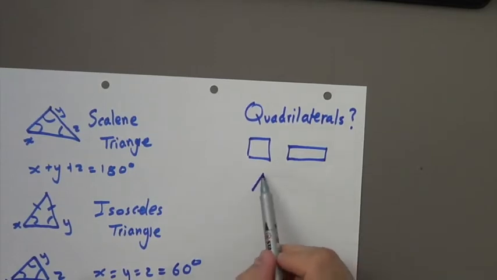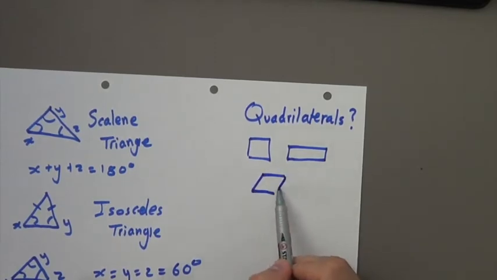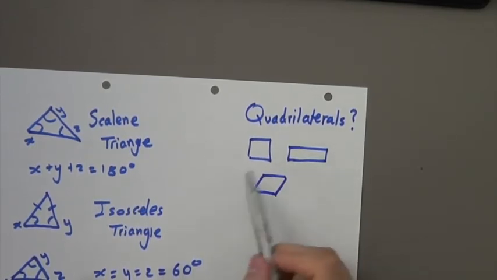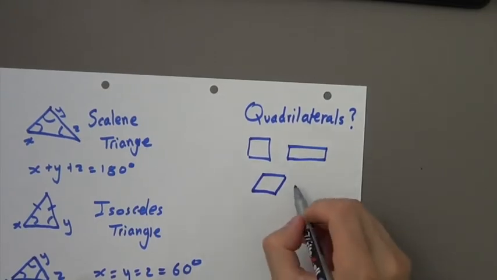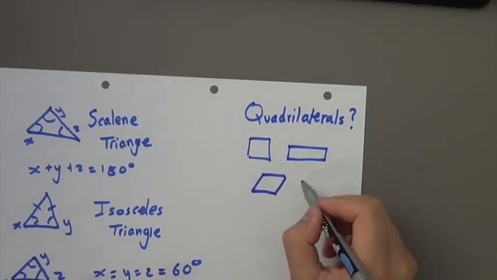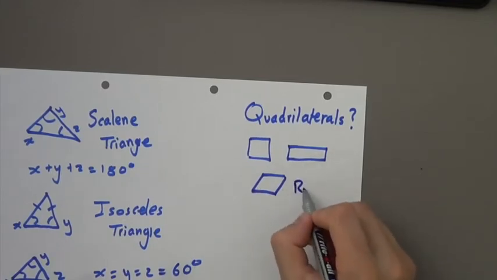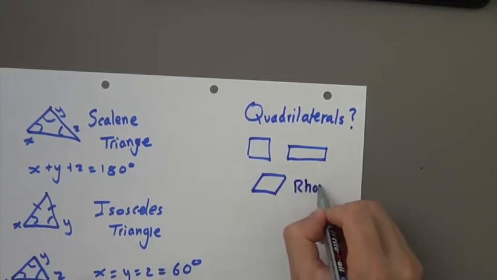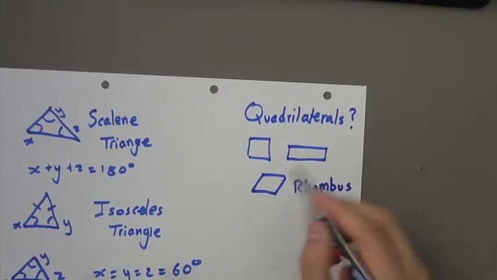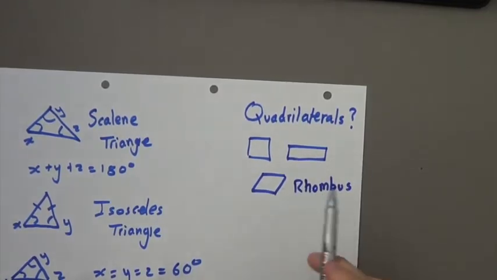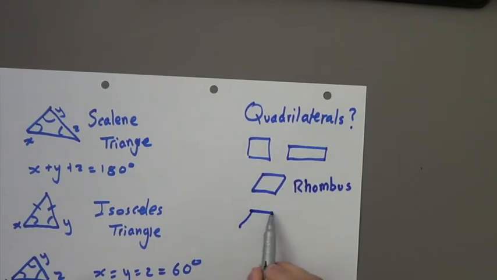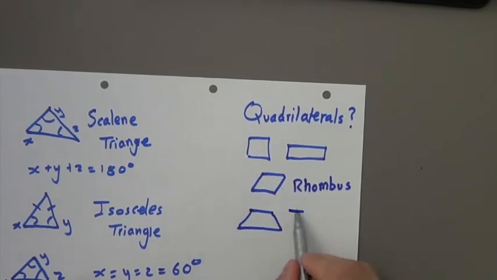We can also call this general form of shape a parallelogram. If all the sides are the same, we would call this a rhombus, spelled like this. So that's the official name for that shape. What about this? We would call this a trapezium.